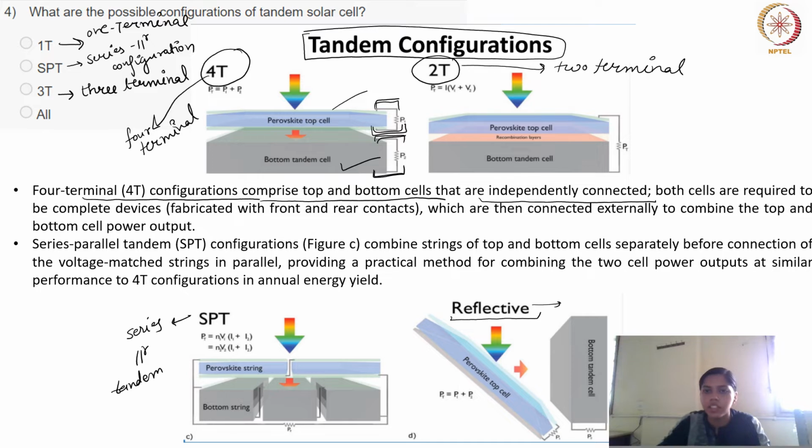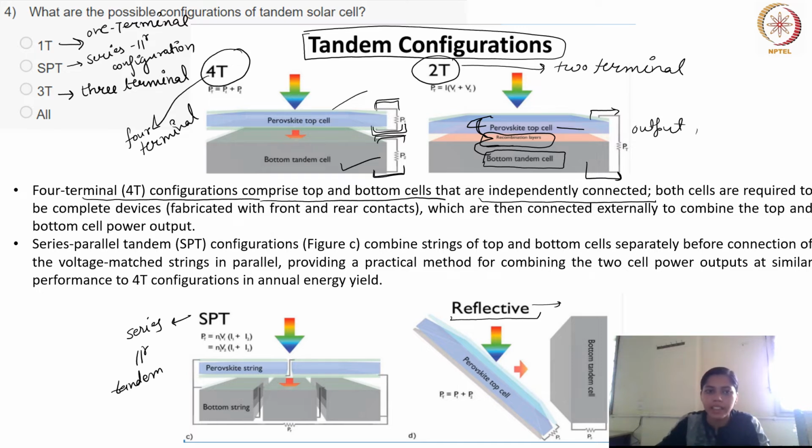In the two terminal configuration, the perovskite top cell and the bottom one are connected through a recombination layer in between, and there are only two terminals for the output.